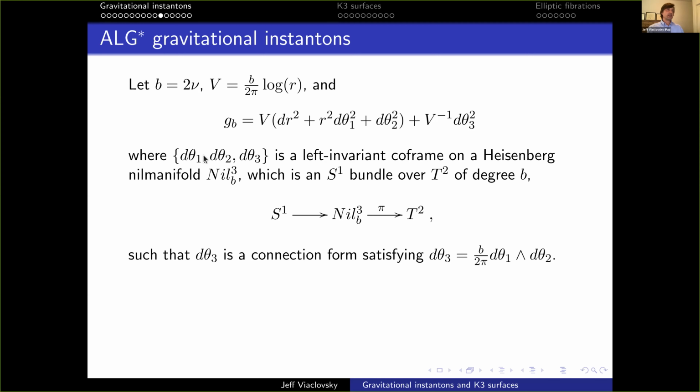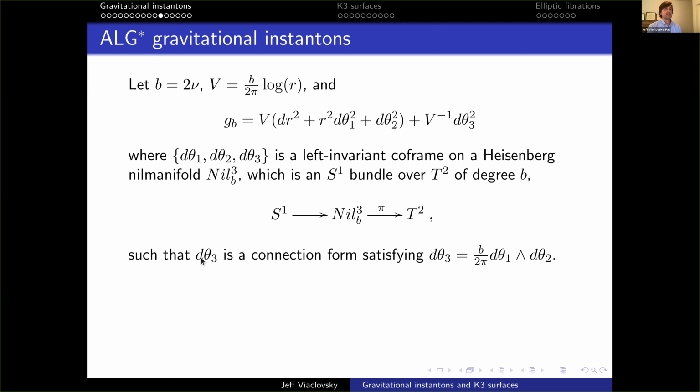Here d theta 1, d theta 2, d theta 3 are a left invariant coframe on a Heisenberg nilmanifold, which is an S1 bundle over T2 of degree b. So it's the quotient of the Heisenberg group by an arithmetic subgroup, which is Z plus Z plus Z. And so that becomes a compact manifold, and that fibers over with base T2 and fiber S1.